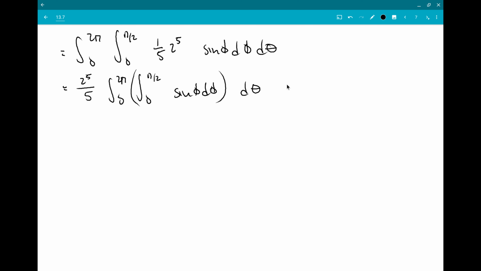And so when we look at this part, we just have to integrate sine phi, which, when you take the derivative of cosine, it becomes minus sine, so the antiderivative of sine is minus cosine. So I'm pretty sure I get the negative sign here.